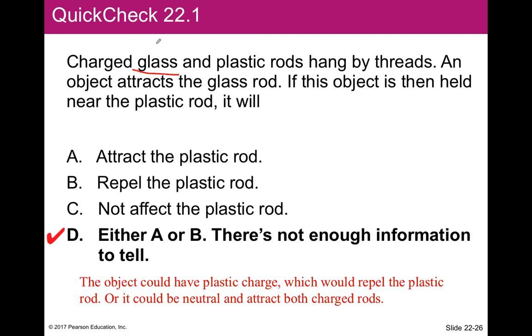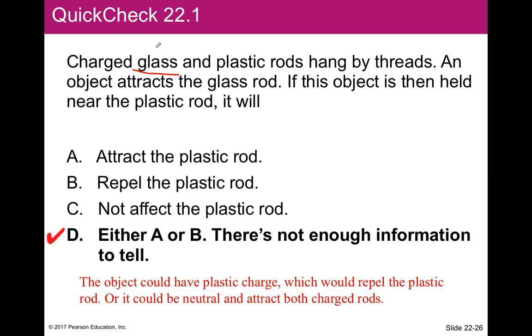In our lecture, please keep it in mind, the glass is positive simply because you used silk and glass. When they are rubbed, the glass is positive and the silk is negative. But here it only says glass. It doesn't say it's rubbed by silk. So the glass rod could be positive, could be negative.